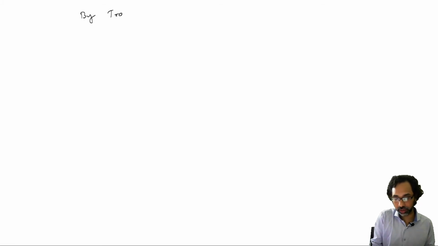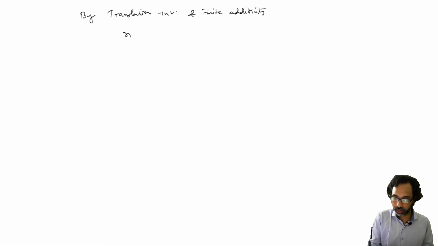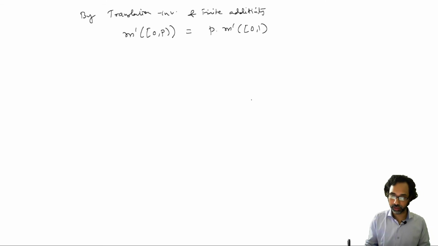So if you use translation invariance and finite additivity, you will get that m prime of 0 to p is now p times m prime of 0 to 1.